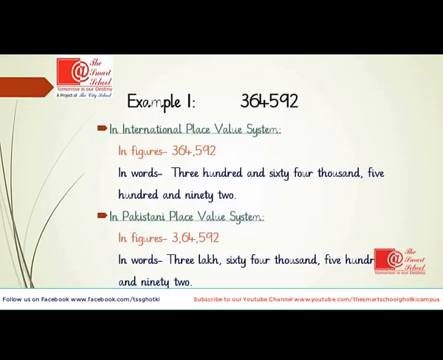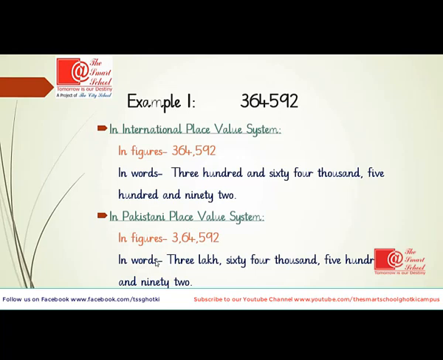In order to make your concept clearer, I want to give you some examples. Example number 1, the number is written 364592. Now in the international place value system, in figures we will write 3 digits, then a comma, then 3 more digits.